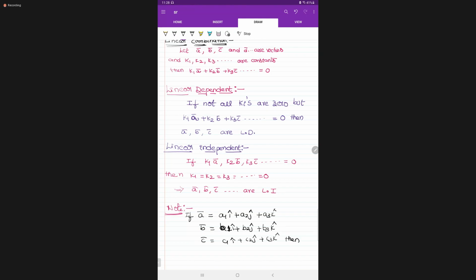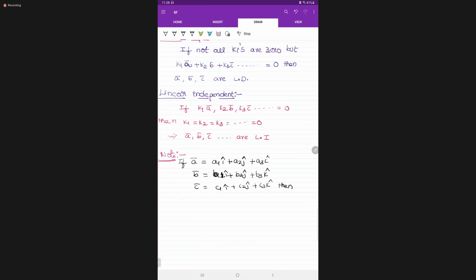If the determinant of A1, A2, A3, B1, B2, B3, C1, C2, C3 is equal to 0, they are called linear dependent.